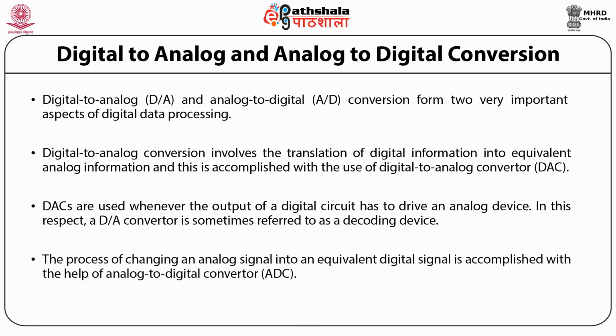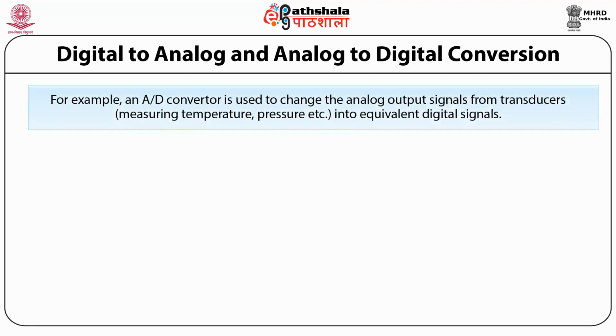The process of changing an analog signal into an equivalent digital signal is accomplished with the help of an analog to digital converter, which is also known as ADC. For example, an A to D converter is used to change the analog output signals from transducers, which are measuring, for example, temperature, pressure, etc., into equivalent digital signals.